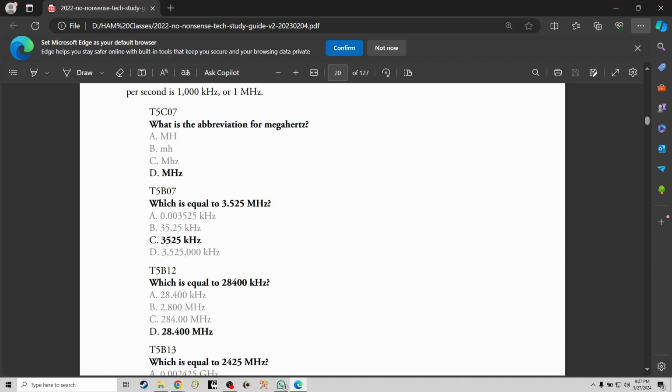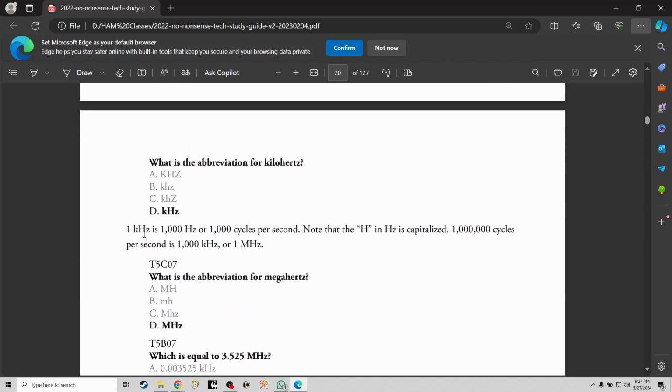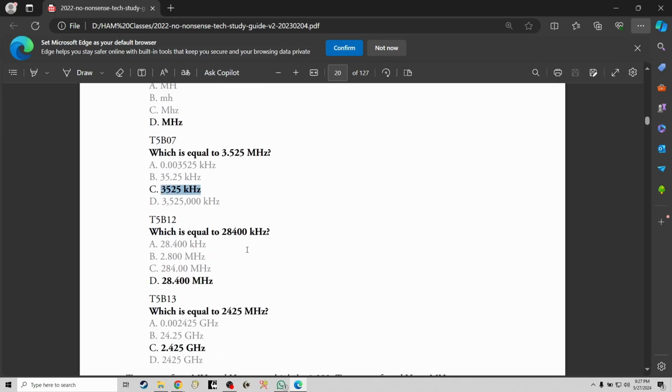Which is equal to 3.525 megahertz. 3.525 megahertz. All right. So again, 3525 kilohertz. So going from megahertz, it's just 1,000. 1 kilohertz is 1,000 hertz. All right.